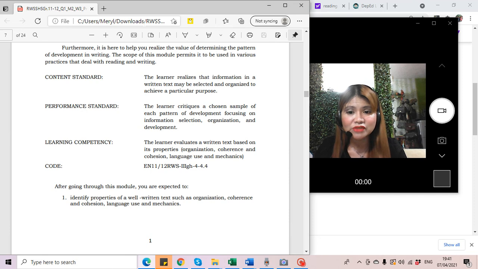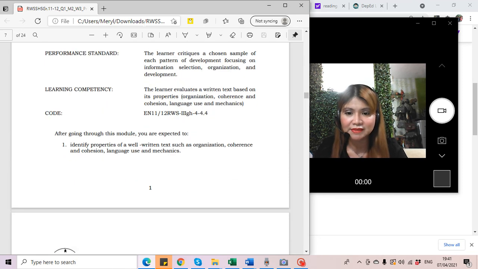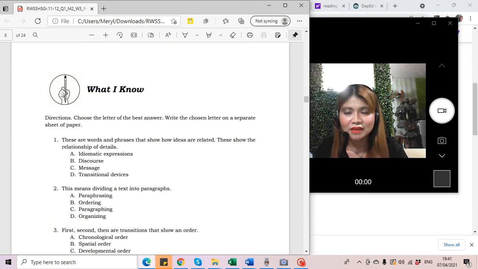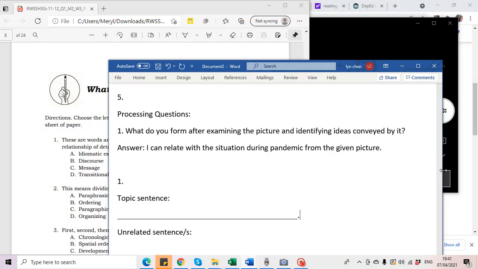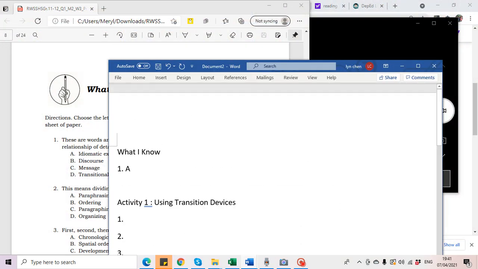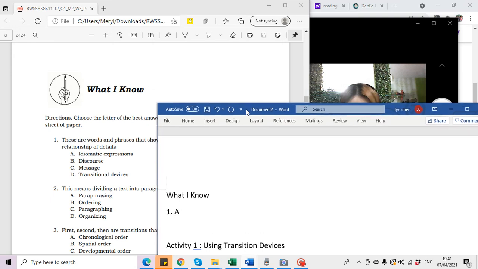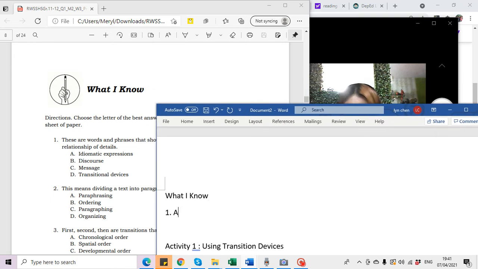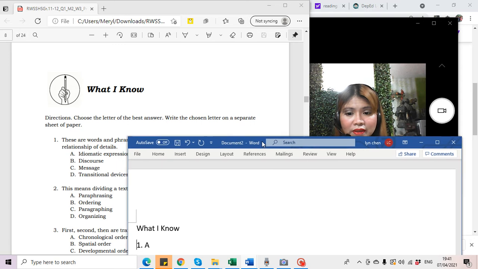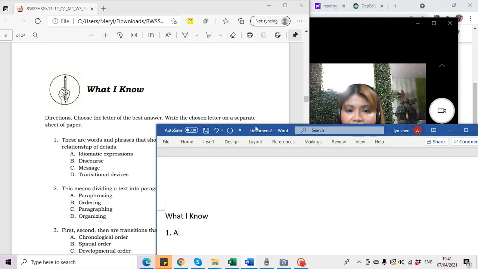After going through this module, you are expected to: 1. Identify properties of a well-written text, such as organization, coherence and cohesion, language use, and mechanics. Begin answering with the What I Know section. So when you write your answer, kindly write a section title. Like this one, you type there What I Know on a separate sheet of paper, or you write What I Know followed by a number and your answer beside.